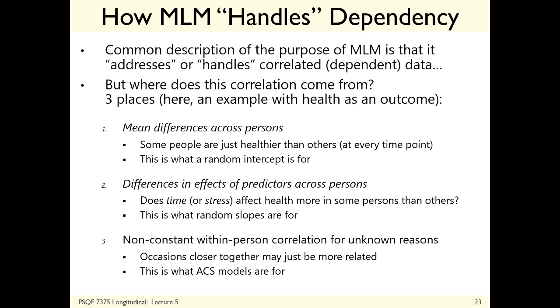And then last but not least, there's just the fact that occasions that are closer together in time tend to be more related. And that's what the rest of the alternative covariance structure models are for. And that type of dependency we typically try to address in the R matrix at level 1, after including whatever random effects we need at level 2.